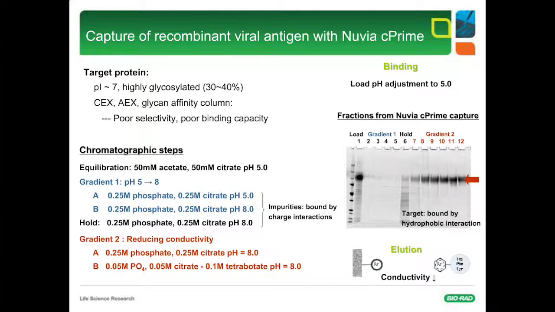Based on this result, we know that the impurities are bound by NuVH-C prime through charge interaction, and the target molecule is actually bound through hydrophobic interaction because it was eluted by salt concentration reduction. This is very interesting. We developed the method, but we also know more about the interaction, and we can fine-tune this purification based on our knowledge during protein purification method development.